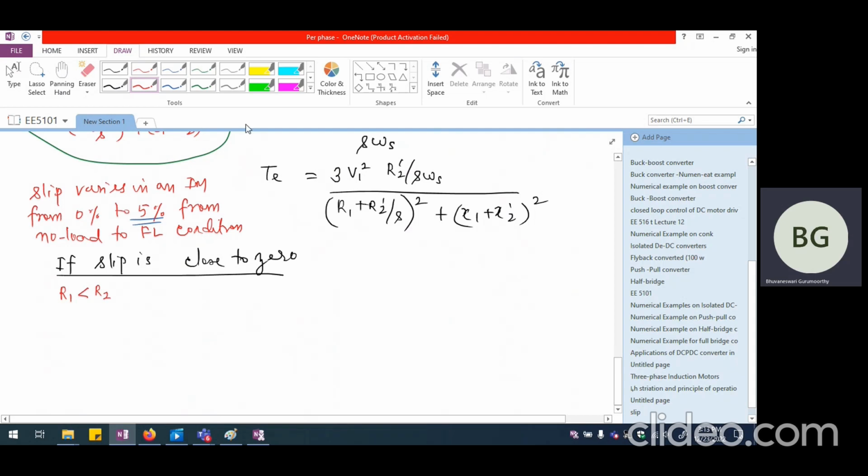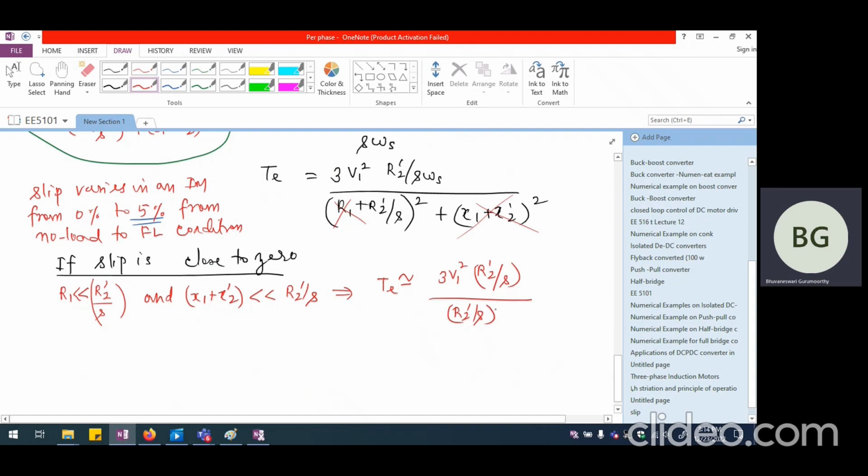So R1 is going to be much lower than R2 dash by S. Similarly, X1 plus X2 dash is also going to be much less than R2 dash by S. So both of them are going to be much less than R2 dash by S. So I can say TE is approximately equal to 3 V1 square R2 dash by S divided by, I can say this is negligible, this is also negligible, so I can simply say R2 dash by S the whole square.